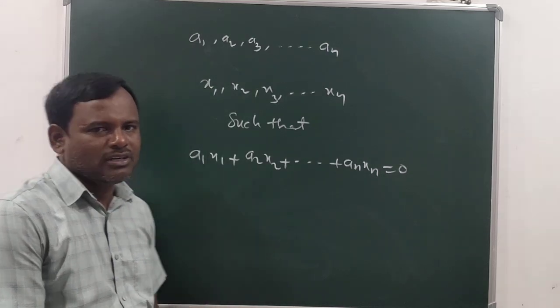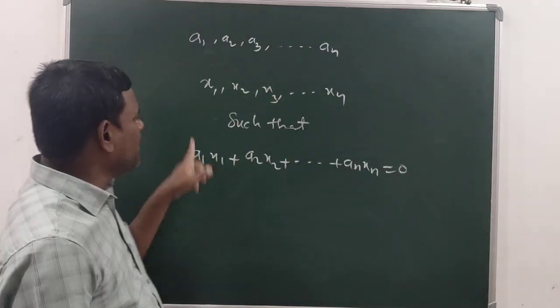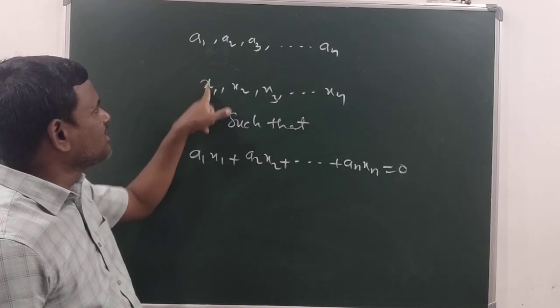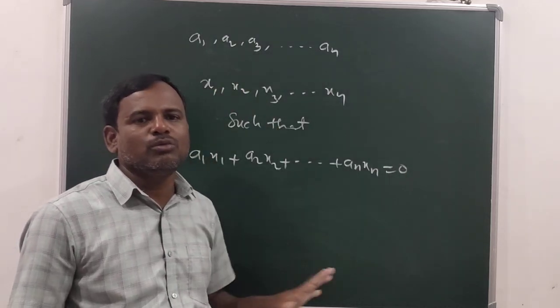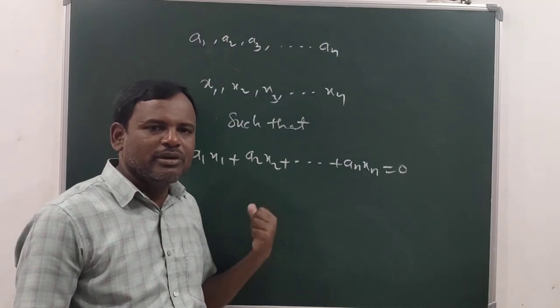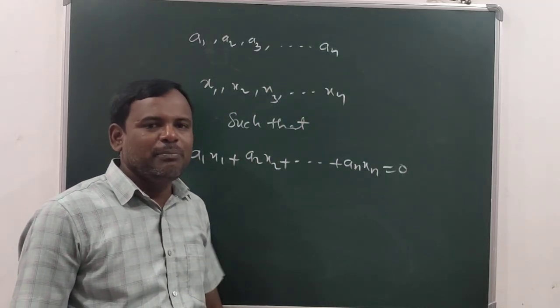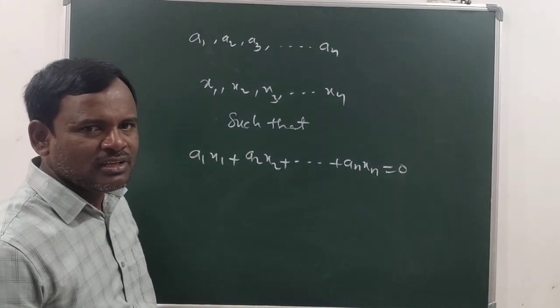I hope you have understood this. These are the vectors, these are the scalars. If you multiply each vector with its scalar, and add them, and the result is 0, then you can say that these given vectors are linearly dependent. Okay, students?